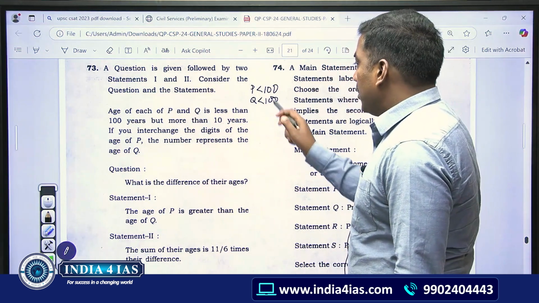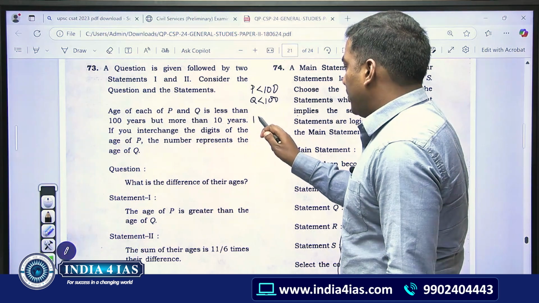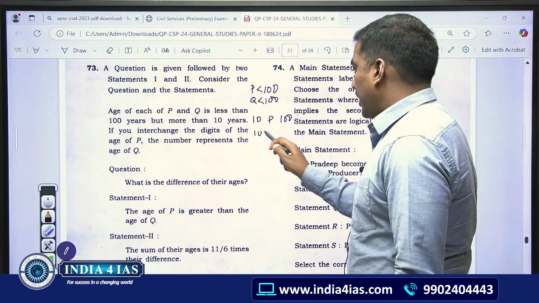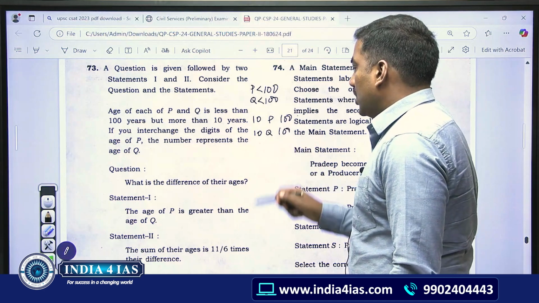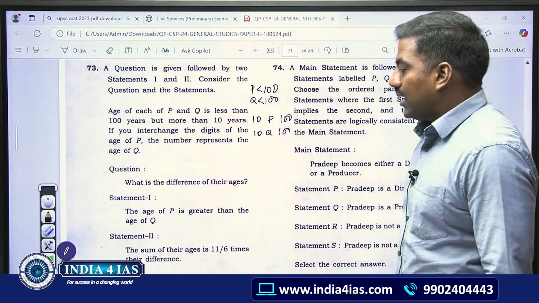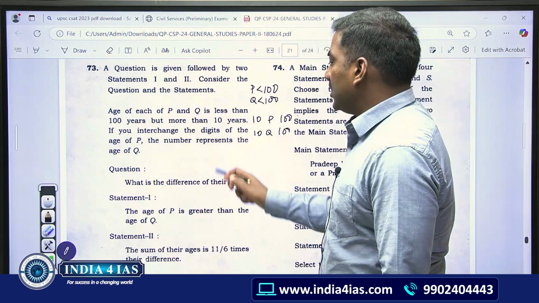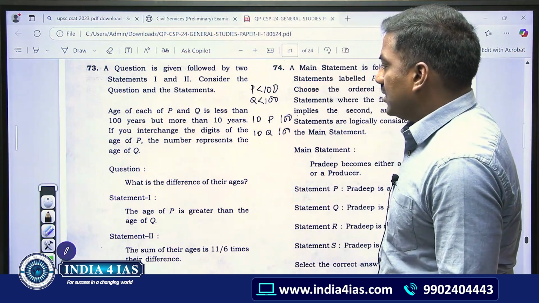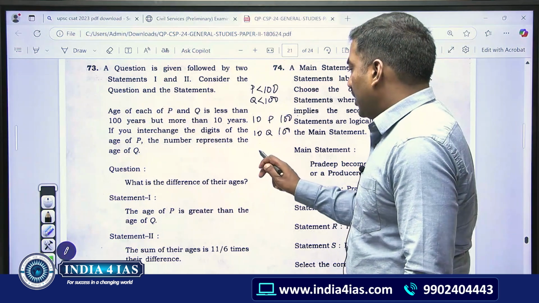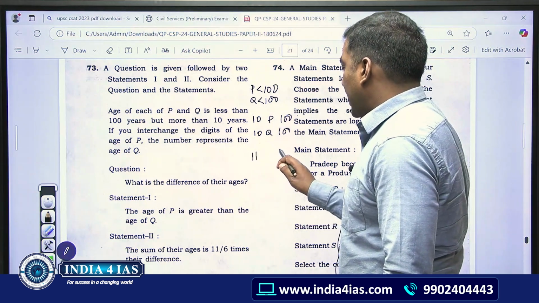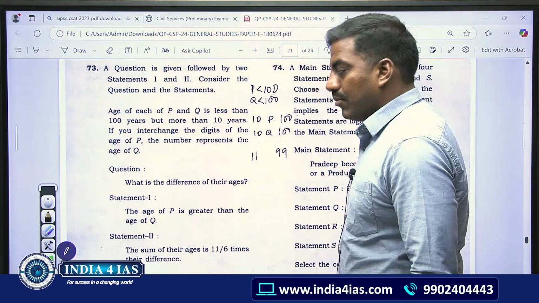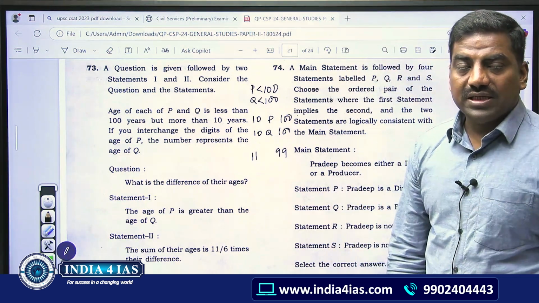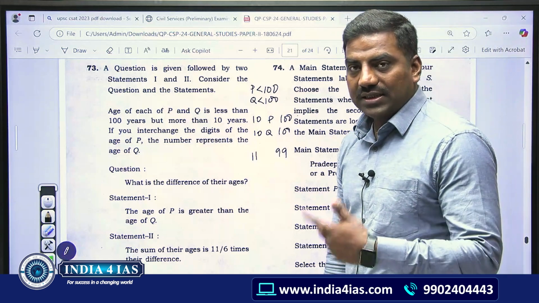That means P and Q's ages will be between 10 and 100. So they are more than 10 years and less than 100 years. If you interchange the digits of the age of P, the number represents the age of Q. So their ages start from 11 and end at 99. If you take one's age and reverse the digits, you will get the other's age.